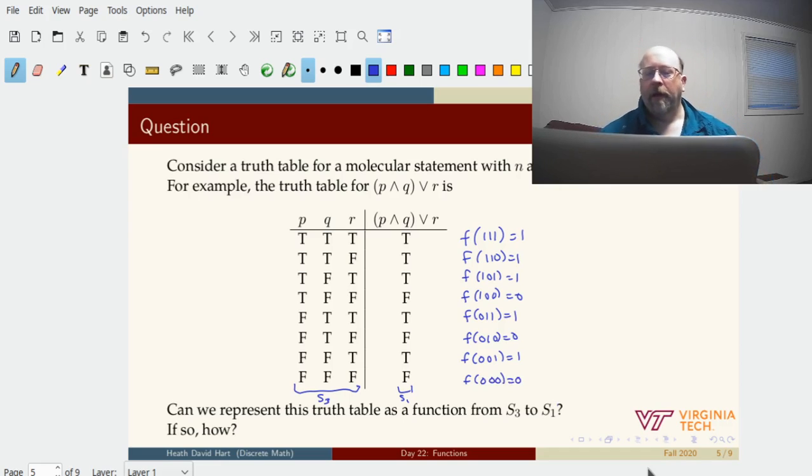Does that work? Is that actually a function? And the answer is yes.